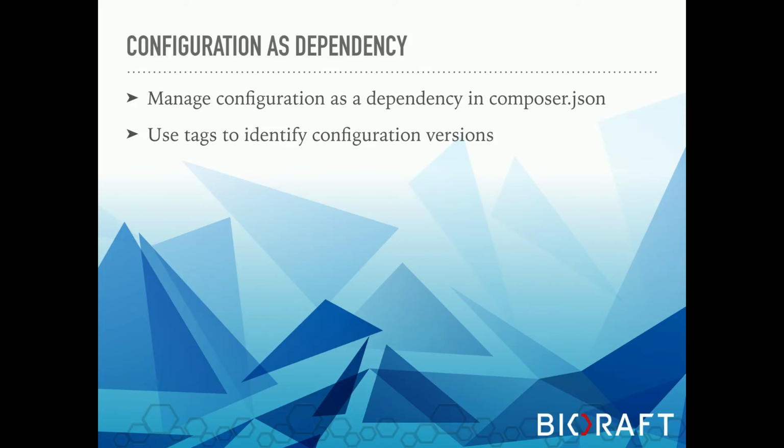And if you start thinking of it as a dependency, it becomes natural to start thinking about pulling in that dependency with Composer. So what you can do is you can take your export configuration, put it in your configuration repository, you can tag it, and then you specify what version of the configuration you want in your composer.json. So when you build your site, now you get the appropriate version of the configuration.